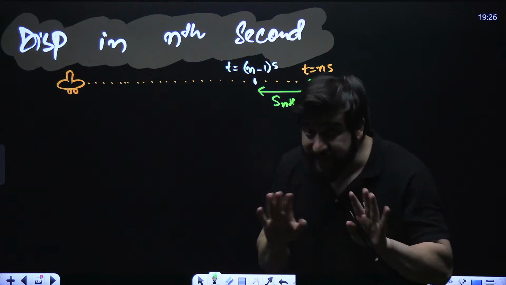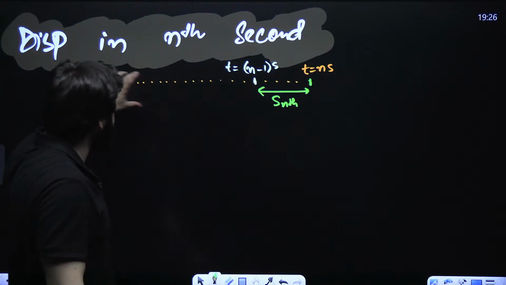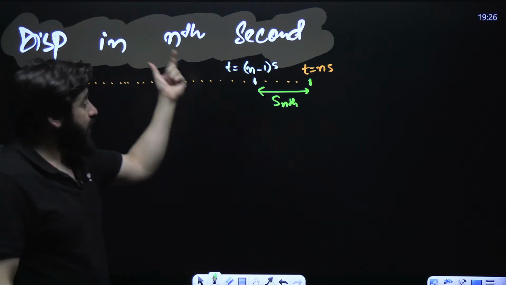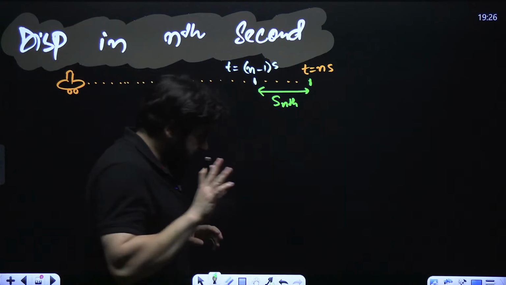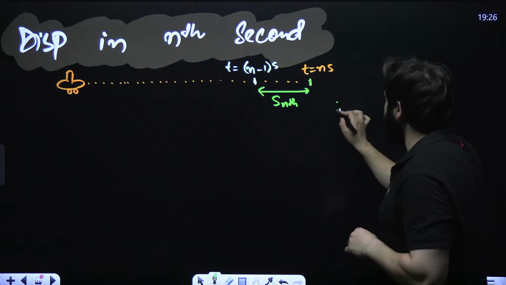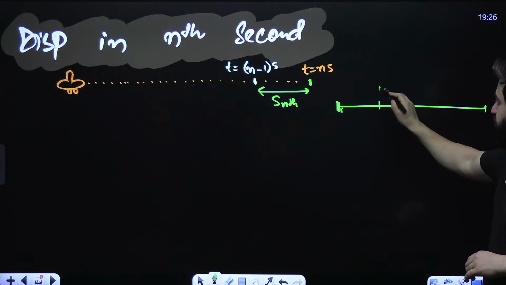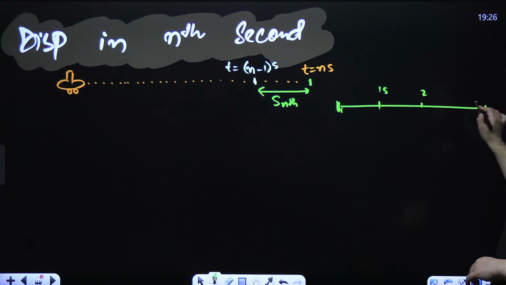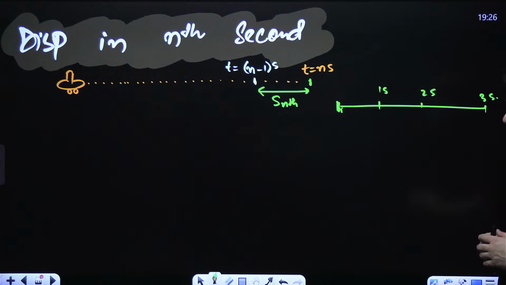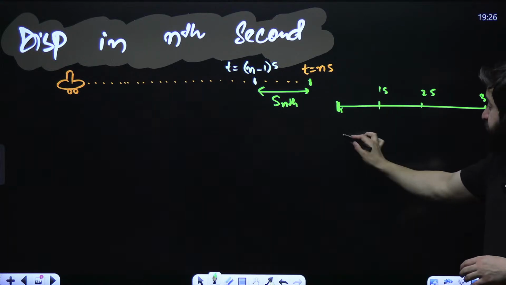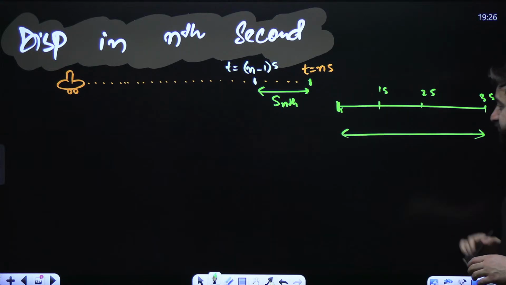I am not asking you for the displacement in n seconds. No, no, no. In the nth second. See guys, let's suppose you started from this point and you reached this point. After 1 second you are here, after 2 seconds you are here, after 3 seconds you are here. I'm asking how much is the displacement in 3 seconds? You say, sir, this much is the displacement in 3 seconds.